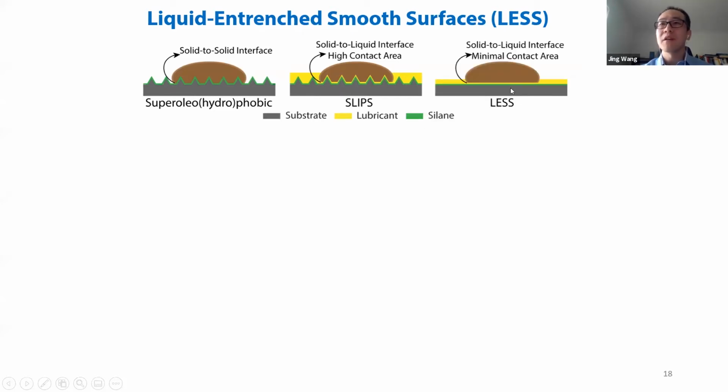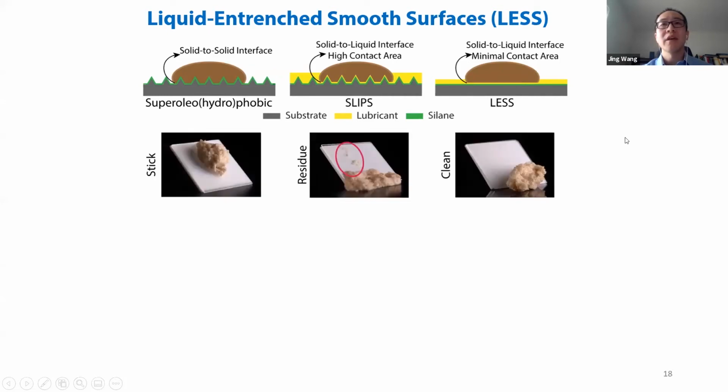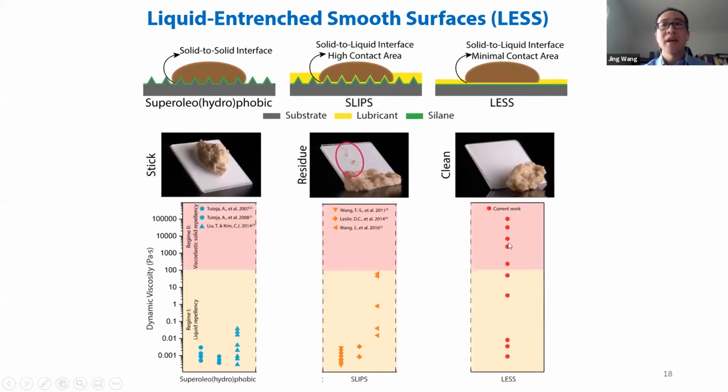When we become liquid-like, the solid interface becomes a solid to liquid interface and has a minimal contact area, and the performance is great. We can also repel all kinds of liquids, viscous liquids, and viscoelastic solids as well, with a dynamic viscosity spanning 9 orders of magnitude, which is a great improvement compared to all previous state-of-the-art surfaces.